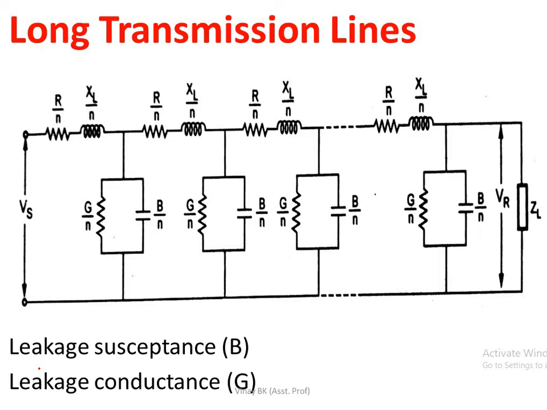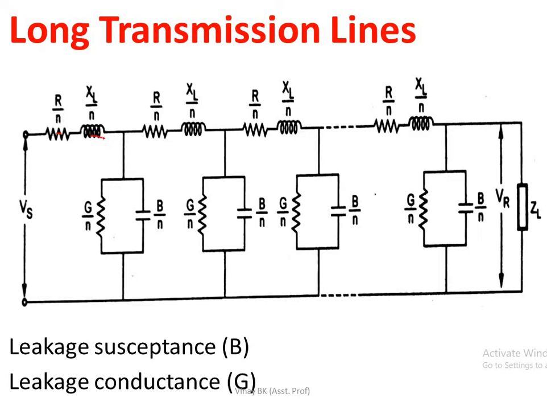Now look at the first point. The line constants are uniformly distributed over the entire length of the line, as is actually the case. That is, whatever line constants you have, R, L and C, will be uniformly distributed.